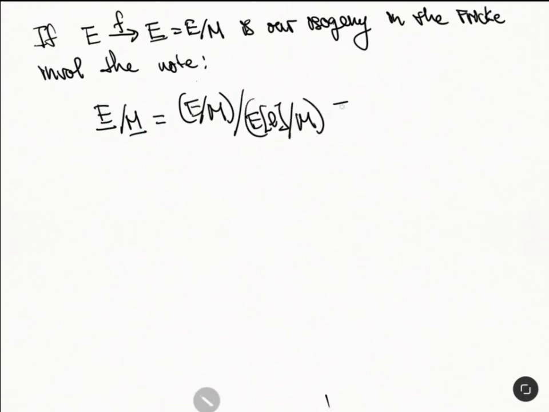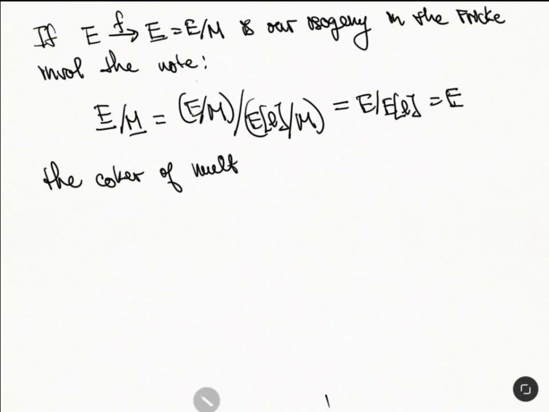And so this is just E mod E[L], which is E. This is because the co-kernel of multiplication by L is just E itself.